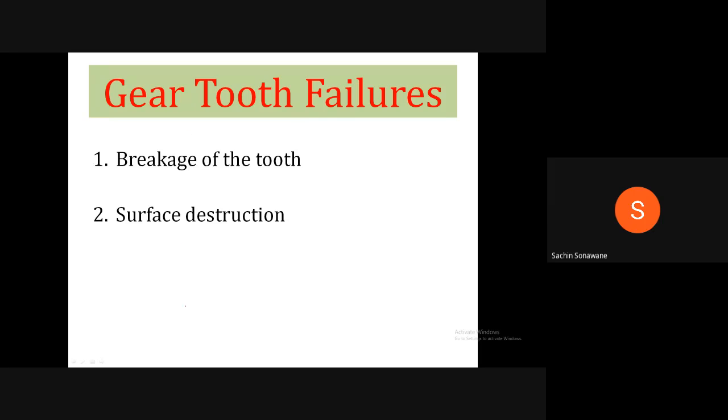There are two types of gear tooth failure. First is breakage of the tooth due to force exerted on the tooth, and second is surface destruction.